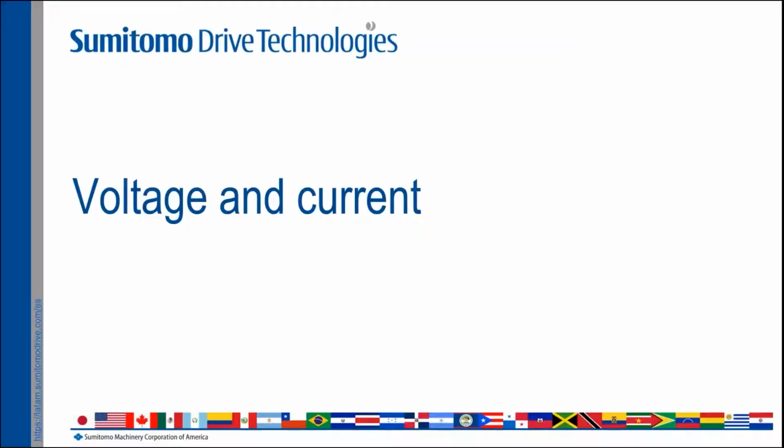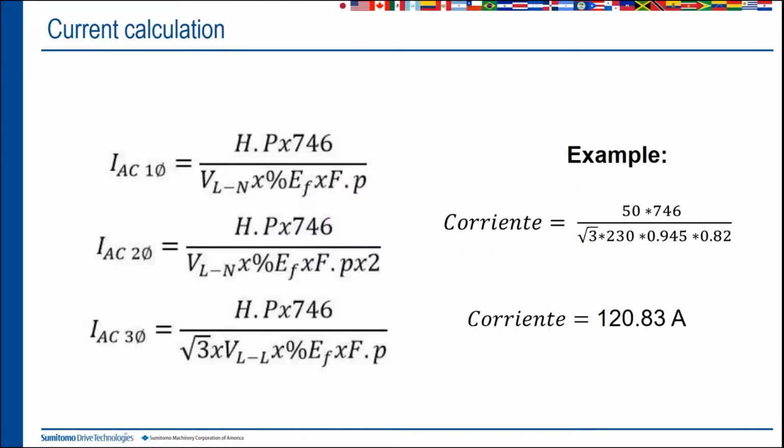Sometimes you don't have this data, so what you can do is take, let's say, a mean or a standardized value. For example, for the efficiency, you can use 0.9 or 90%, and for the power factor, you can use 80%, as you can see here.